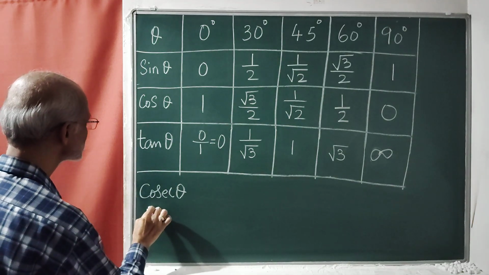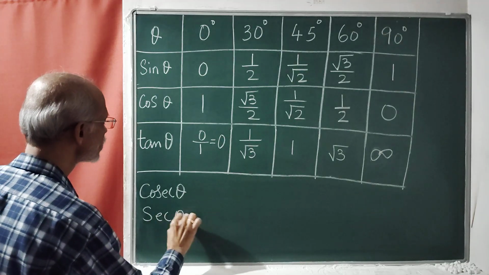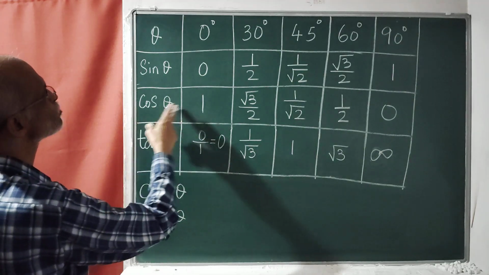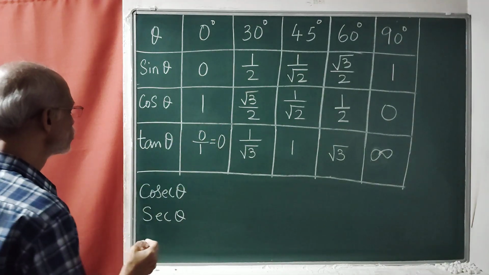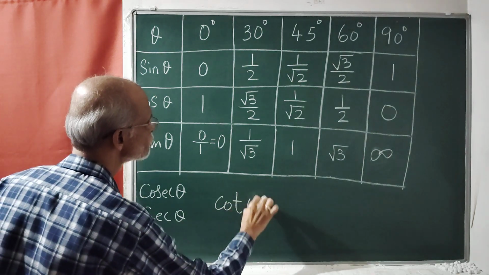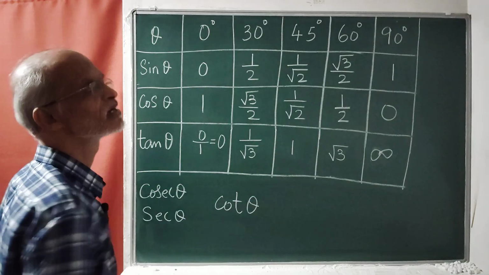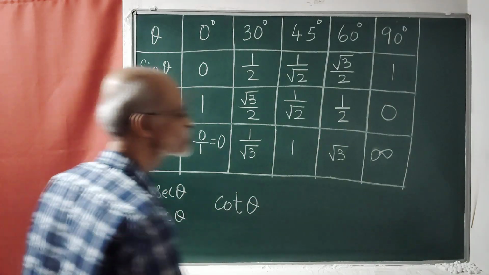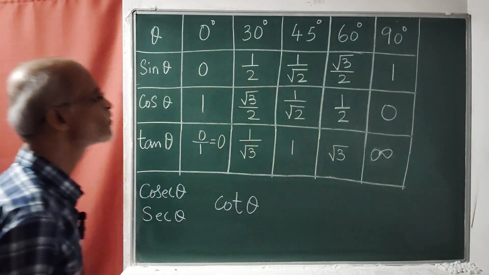To get sec theta, we have to take the reciprocal of cos theta. To get cot theta, we have to take the reciprocal of tan theta. Like this you can remember the table very easily.